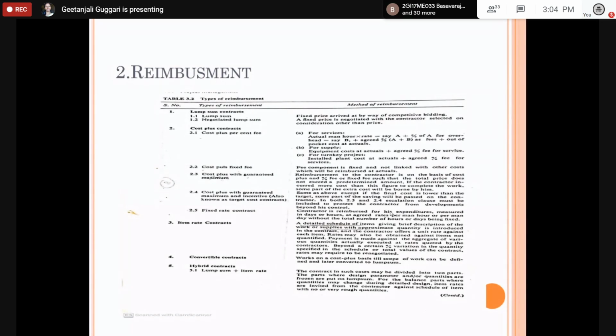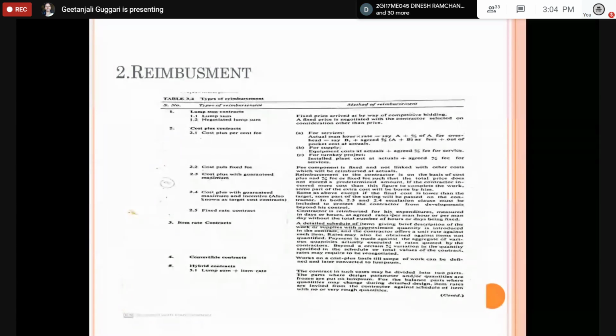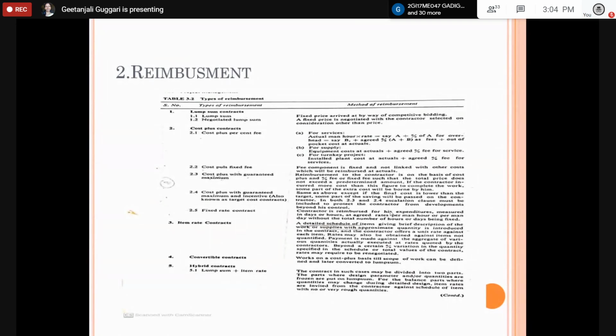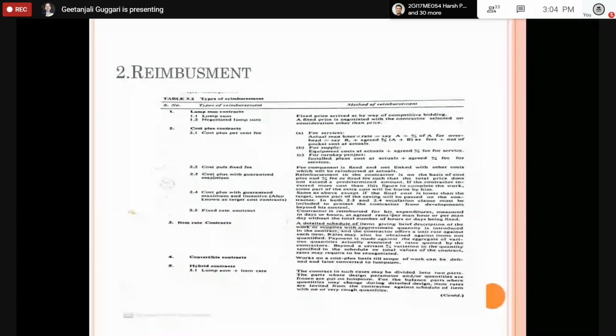They are submitting their own bids by quoting their prices. Here, finalizing one contractor, at the end of that work or in stages, you will be paying that amount of money. It is a lump sum. No extra money will be paid, or if he completes that project in time, whatever has been agreed, that money will be paid to him.